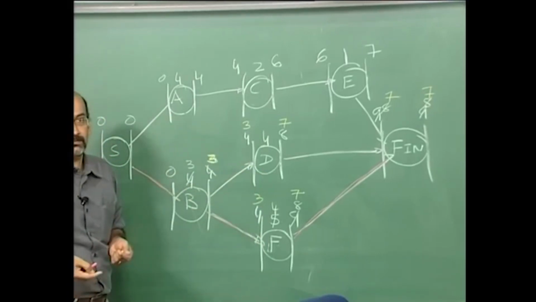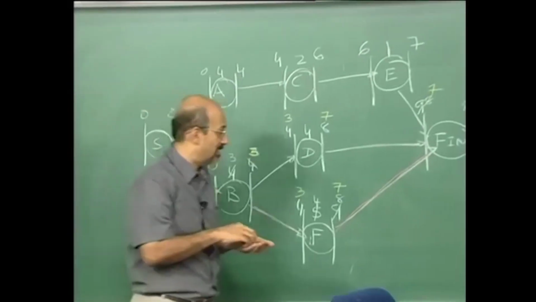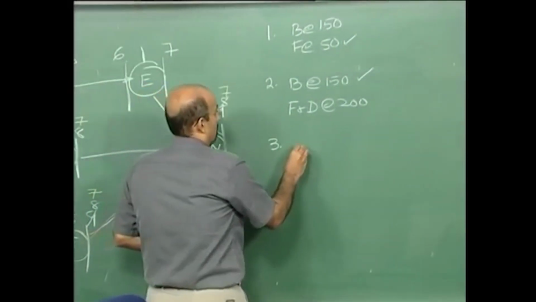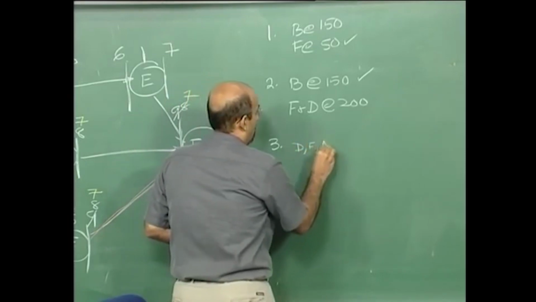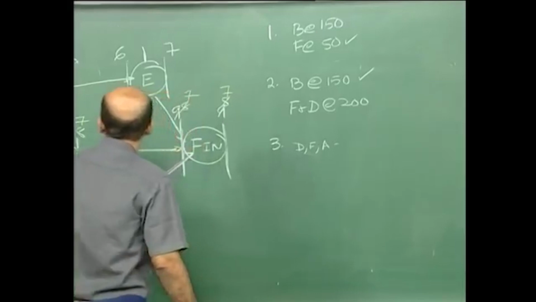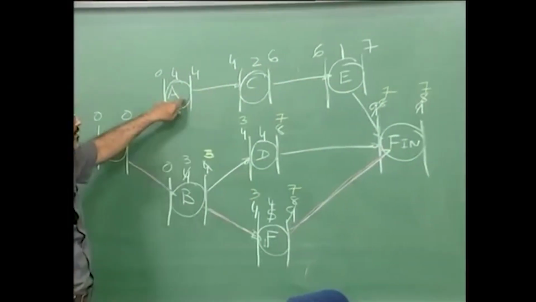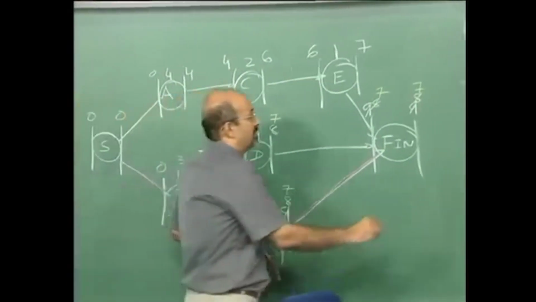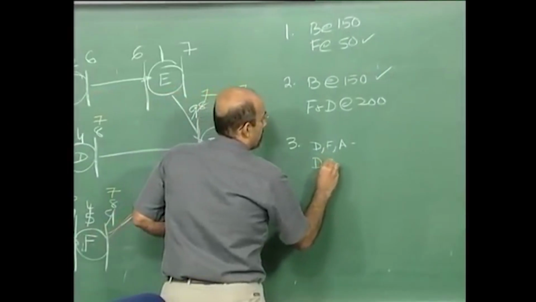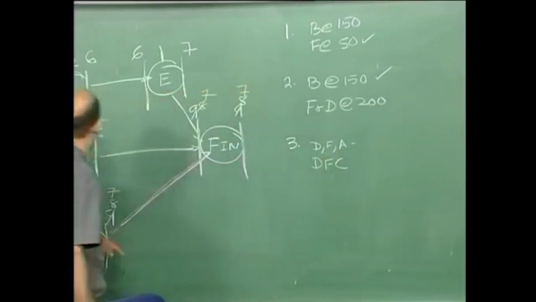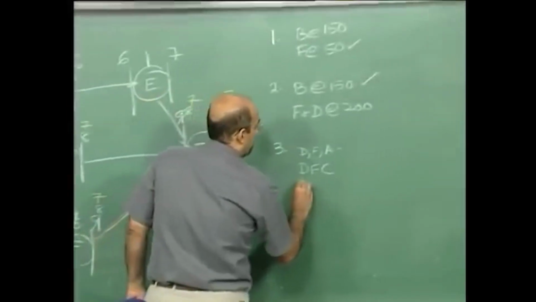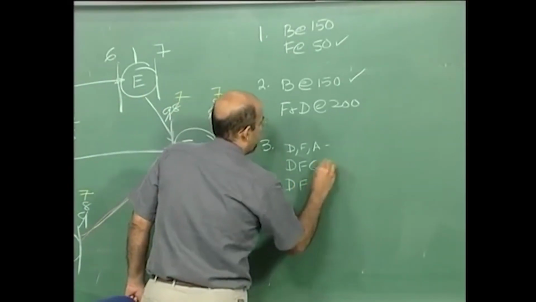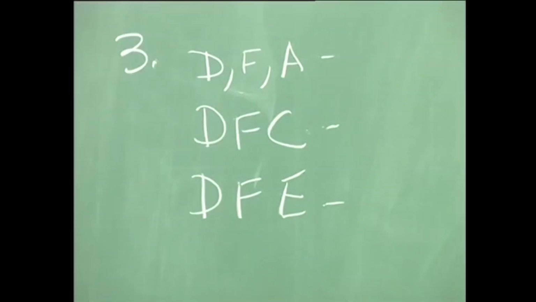What are my combinations? So I certainly have to crash D and F, right? So there's D, F, A, one combination. Okay, D, F, A, or D, F, C, or D, F, E. Okay, what are the values?